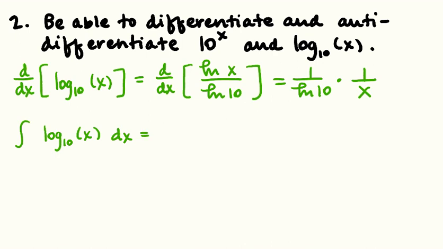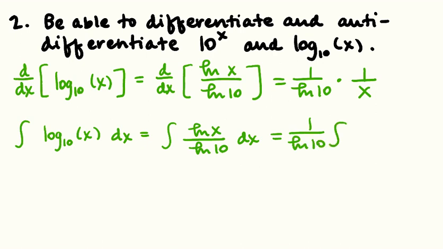Okay, so again, I'm going to use the same log property. Okay, and I can factor out this constant. But this antiderivative of natural log of x, okay, you have to use integration by parts.